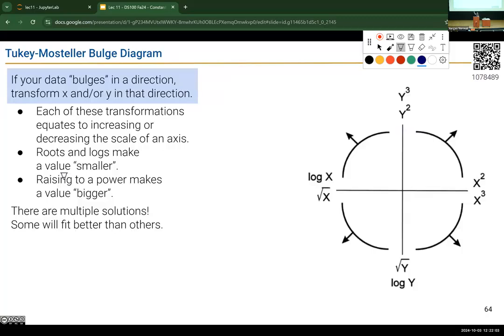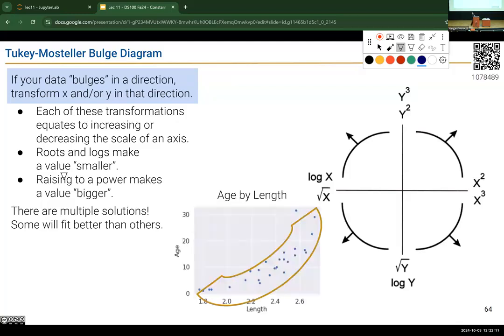I go back to this Tukey-Mosteller bulge diagram, and I would say that, okay, what kind of transformation would help me linearize my data? You would see that the pattern that I have in the data or in the residual plot is actually a match with this quarter of this bulge diagram.